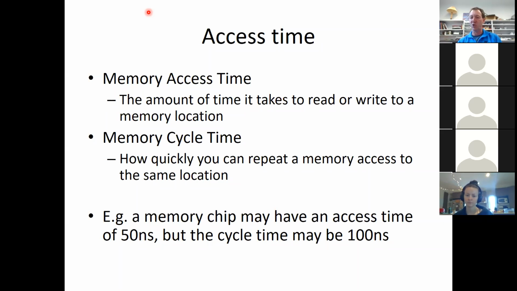This might be, for example, 100 nanoseconds, which is necessary after you've done a read to recharge whatever the information was. However, the access time could be much faster, because once the capacitor is charged, you can access it very quickly, take it out, but then it takes a certain amount of time to recover.